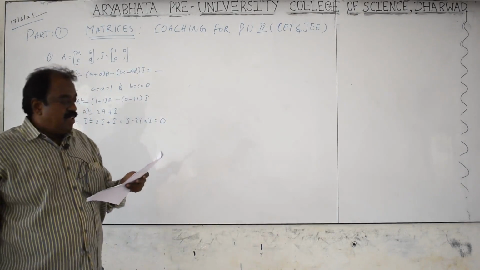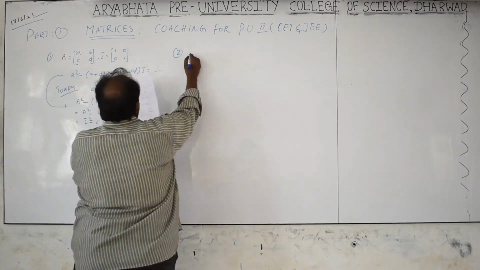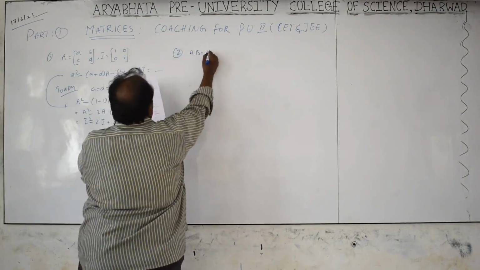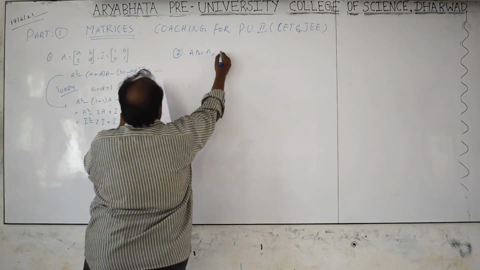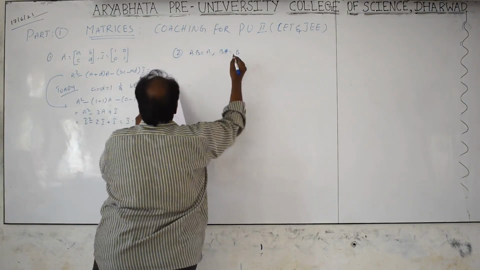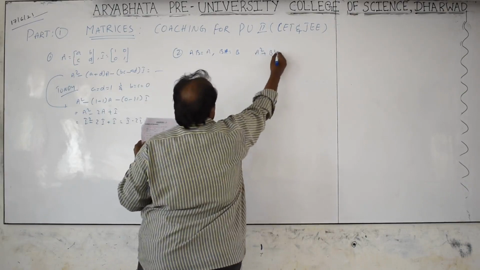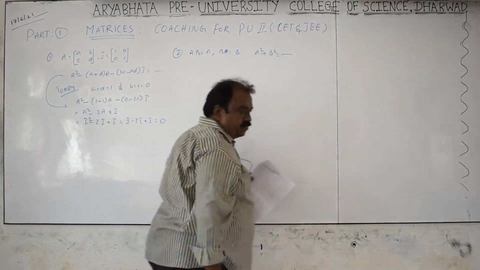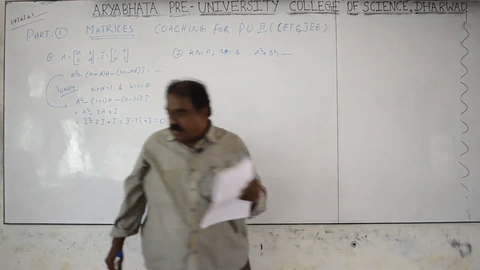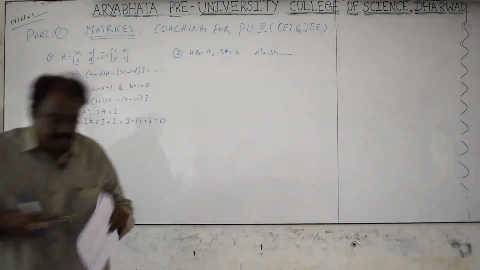Next. The second one, you observe me. AB is equal to A and BA is equal to B, then the value of A square plus B square is asked. Okay? Just wait.